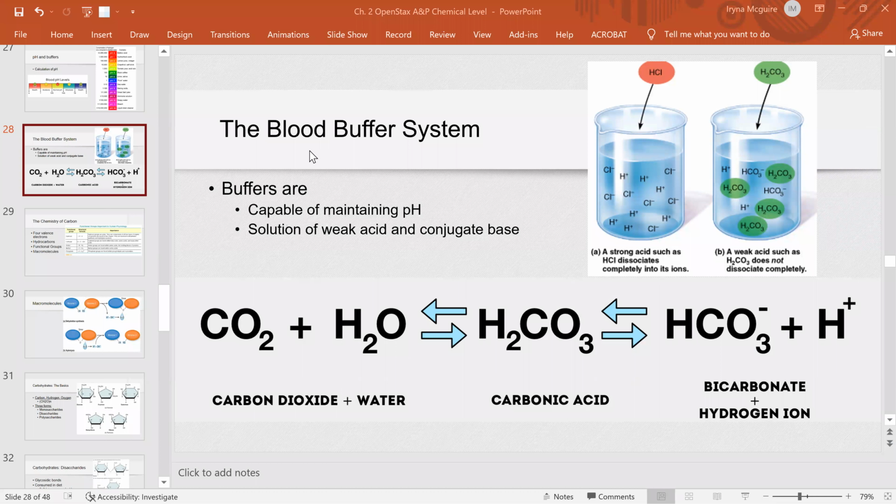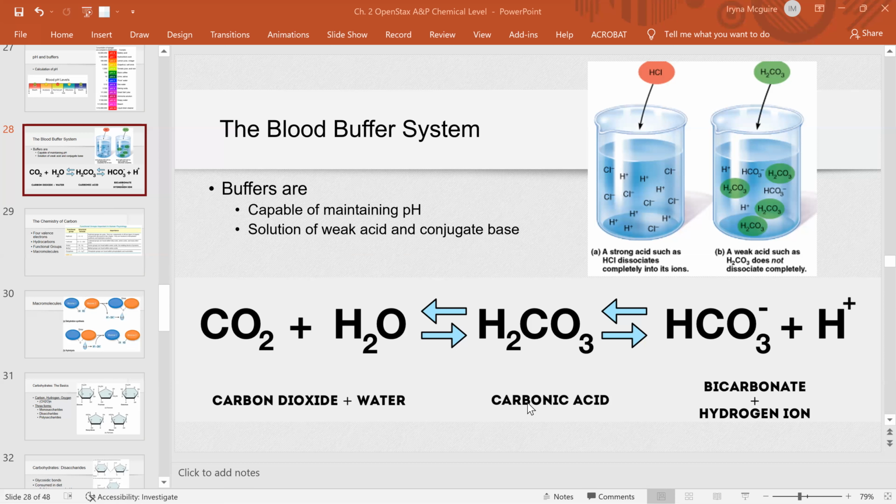Okay, so anyway, I hope you guys have some understanding of how the buffer system works. Right, so I'm just going to quickly repeat it, just spend another 1 minute to do it. So this buffer system is called the carbonic acid bicarbonate buffer system. It's found in your blood plasma.